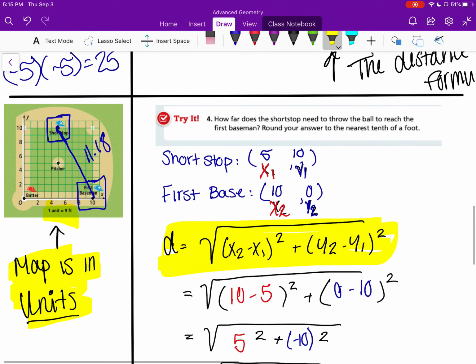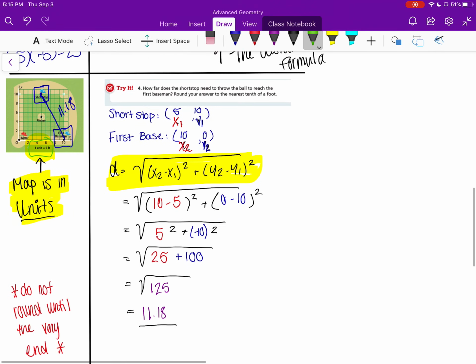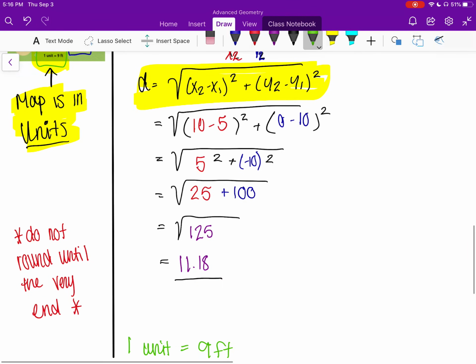1 unit is 9 feet. That's going to be really important for us. 1 unit is 9 feet. And we just calculated his distance in units. So we actually need to know if it's 11.18 units and there's 9 feet per unit, we need to multiply that by 9 in order to figure out how many feet it is.